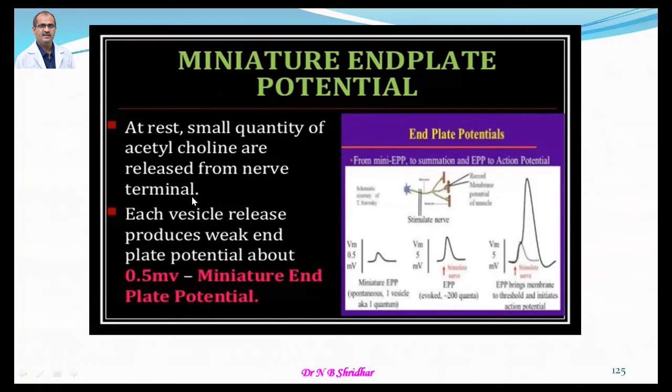Each vesicle release produces a weak end plate potential of about 0.5 millivolts, the miniature end plate potential. A small quantity of the neurotransmitter is released, which causes the miniature end plate potential. That means the end plate will always be ready to receive the stimulus or the action potential.